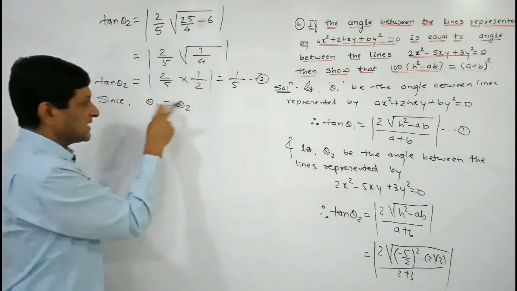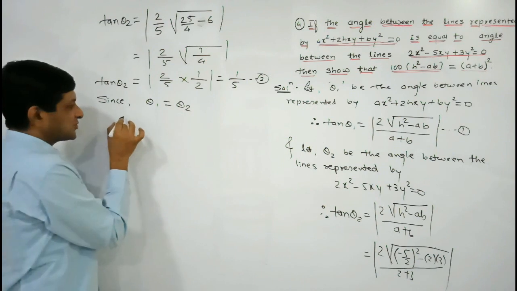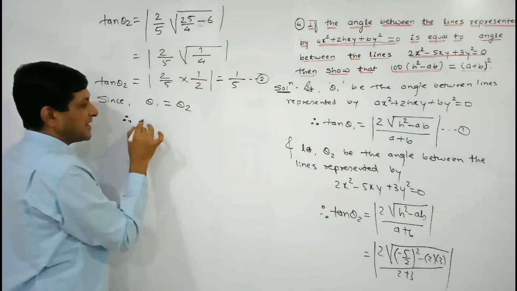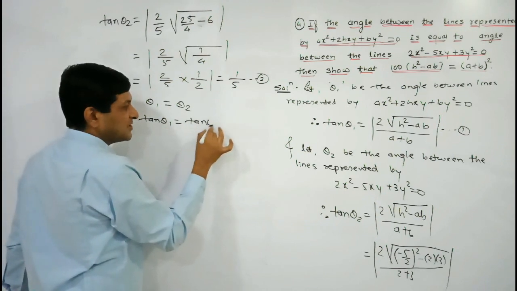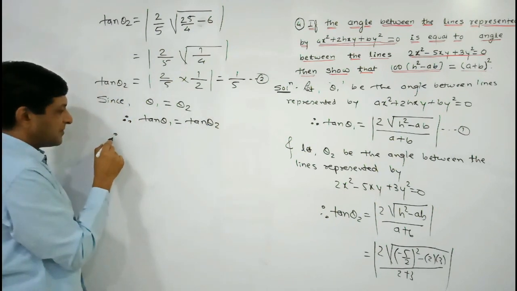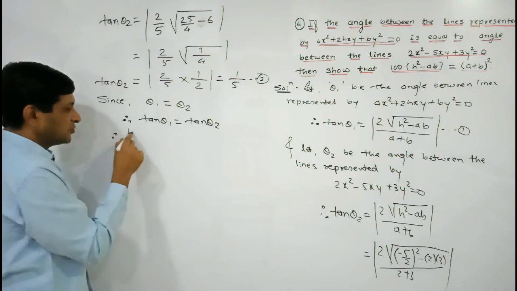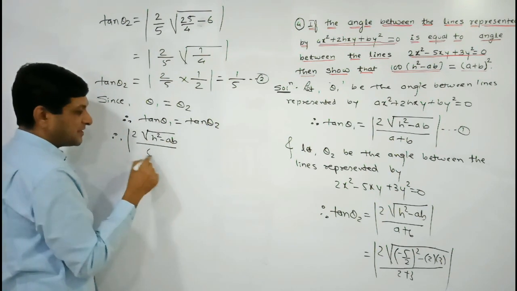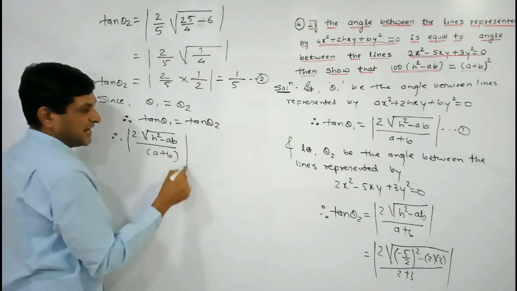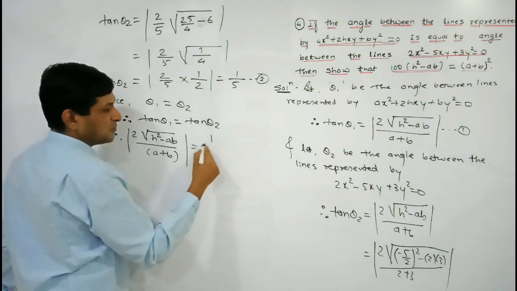If these two angles are equal, then tan theta 1 is equal to tan theta 2. What is the value of tan theta 1? Tan theta 1 is equal to 2 under root h square minus ab upon a plus b, isn't it? And the value of tan theta 2 is equal to 1 by 5.